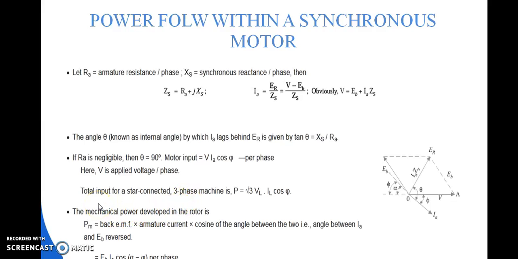The total input for a stator connected three-phase machine is P equals √3 VL IL cos phi. The mechanical power developed in the rotor is Pm equals back EMF into armature current into cosine of the angle between the two, that is the angle between Ia and Eb. You can see Eb into Ia into cos(alpha minus phi) per phase.